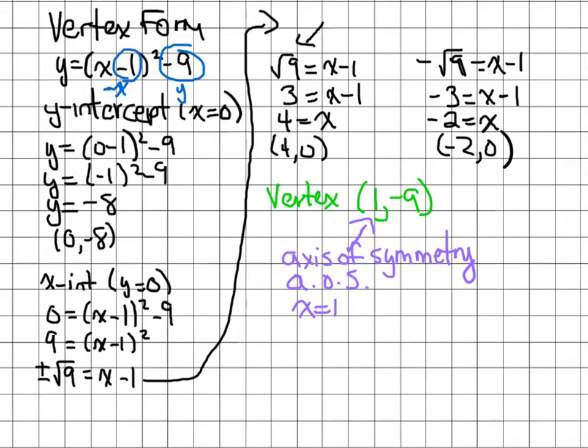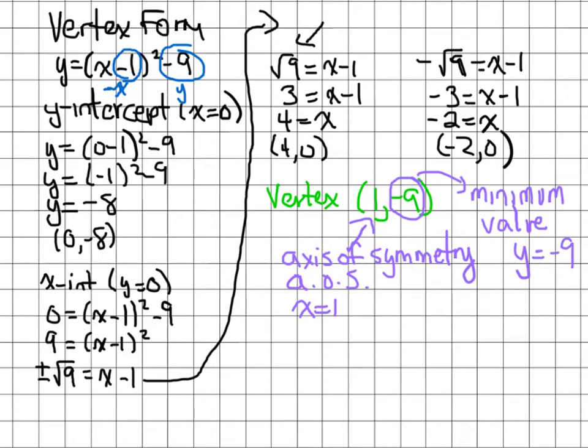So here, this is positive. And if there was a negative out here, the direction would open down. So the direction of opening is up. So that means that we have a minimum value. And that is here. So this is our minimum value, which is y equals minus 9.